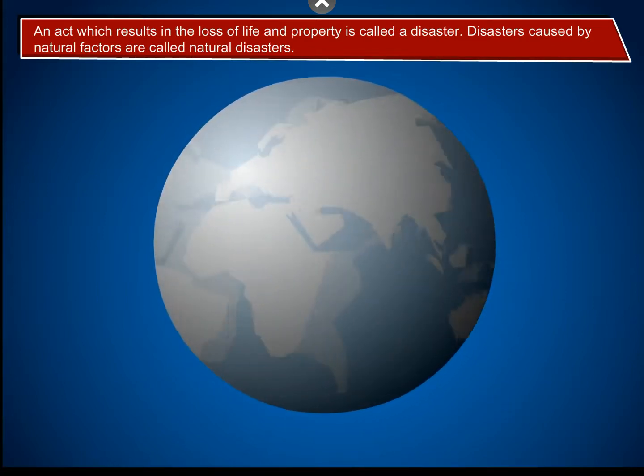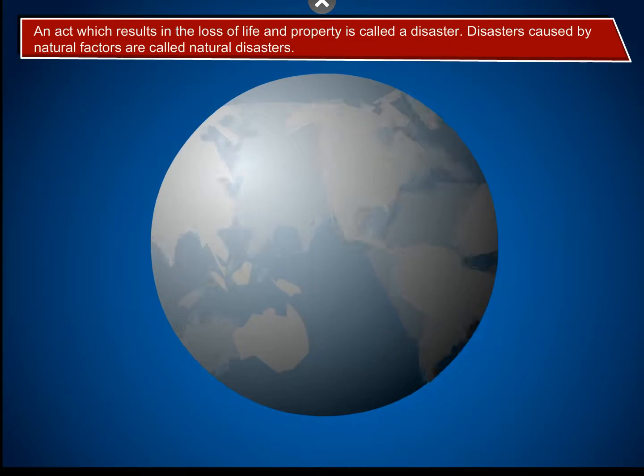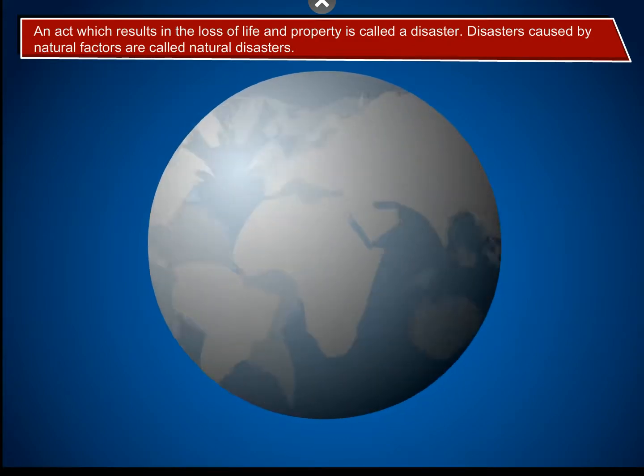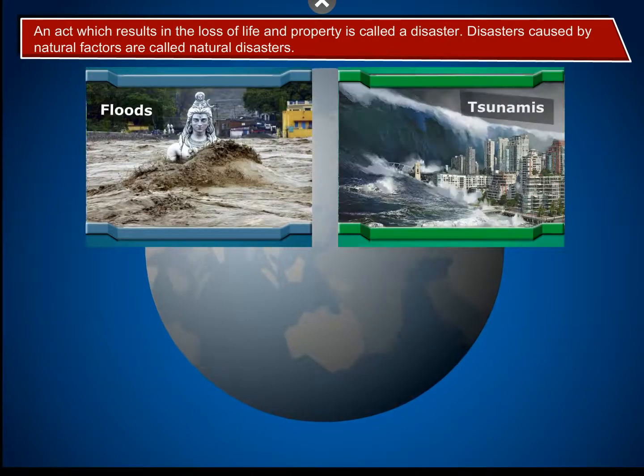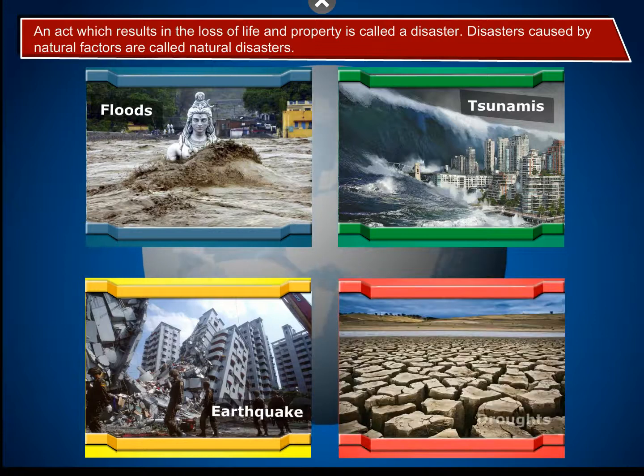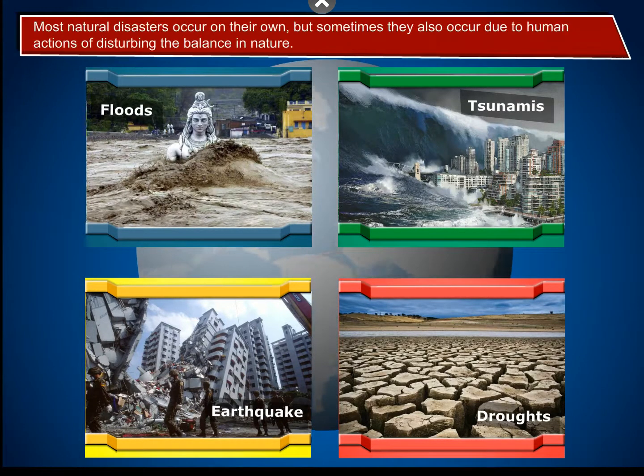Disasters caused by natural factors are called natural disasters. Floods, tsunamis, earthquakes, and droughts are some examples of natural disasters. Most natural disasters occur on their own, but sometimes they also occur due to human actions of disturbing the balance in nature.